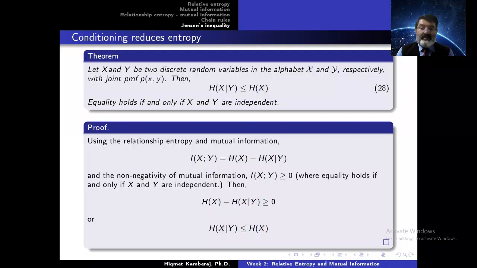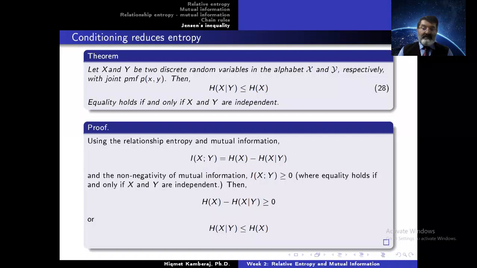Now to prove this one, we start with the relationship between the entropy and the mutual information formula, which says that the mutual information between x and y is equal to H of x minus H of x given y. And the non-negativity of the mutual information means that the mutual information between x and y is non-negative, with equality if and only if x and y are independent.